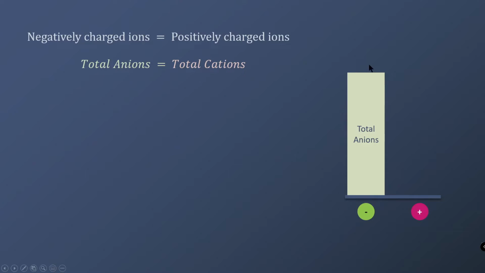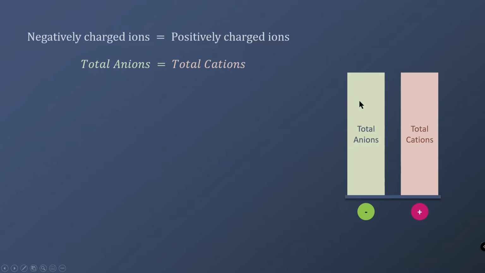This bar graph represents total anions as well as total cations. Total anions and total cations in your plasma must be equal. Clear up till now? Total anions consist of those anions that are routinely measured in the laboratory, and also unmeasured anions that are not routinely measured in the laboratory.